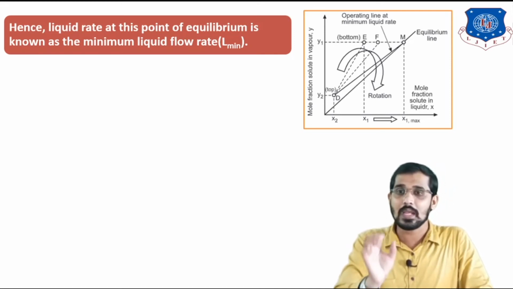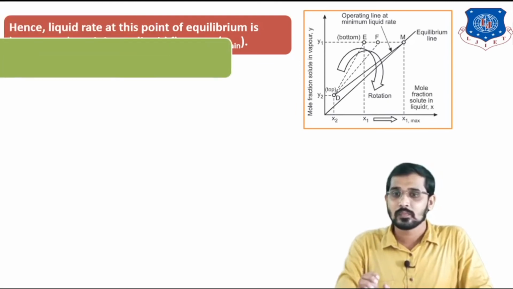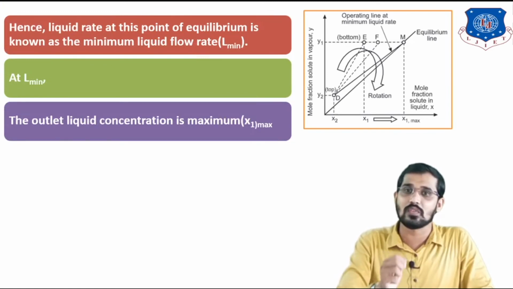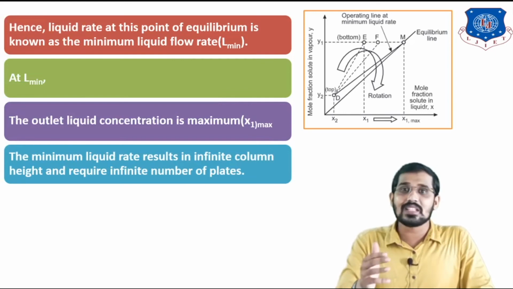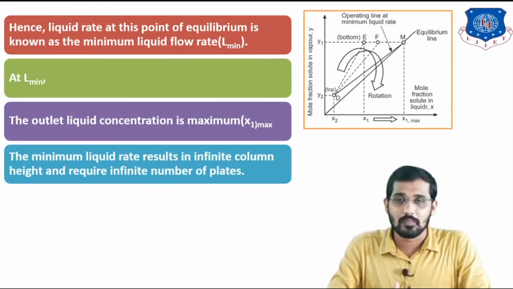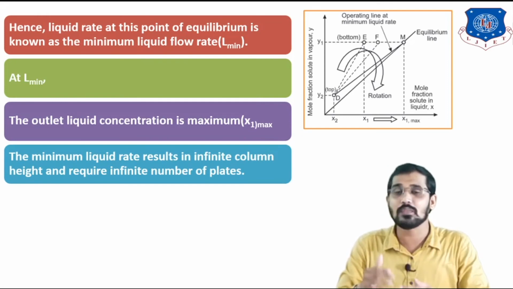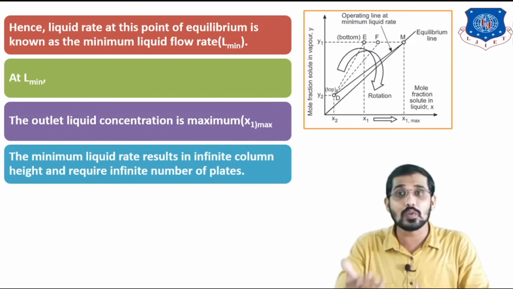Means the concentration of the solute in the liquid is the maximum, X1 maximum. Hence the liquid rate at this point is L minimum, and at L minimum the value of X is X1 maximum, and the minimum liquid rate results in an infinite number of plates in the column. I told you whenever we are reducing the liquid flow rate, at that time slope decreases, and driving force for the mass transfer also decreases.